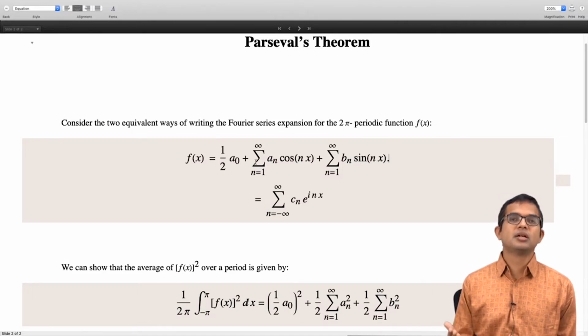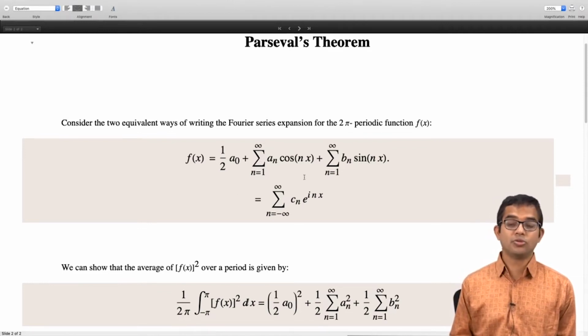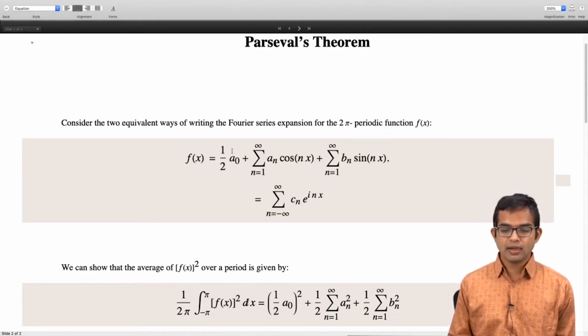We have seen that they're orthogonal for sure, normalization you have to work out. Basically any two distinct basis vectors, their inner product is 0. Therefore none of these cross terms will contribute when you do this integral, and half a naught the whole squared will just give you half a naught squared when you average over a period.